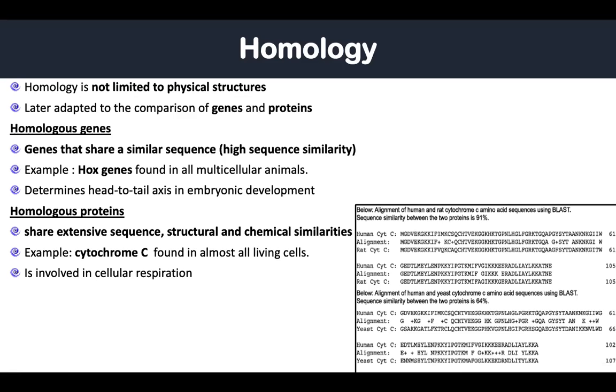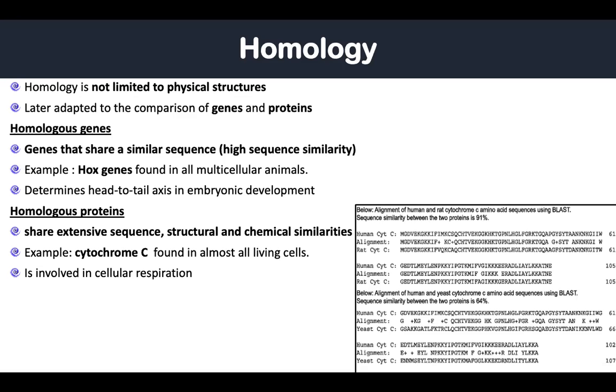So usually when you see proteins with very high sequence similarity, you can be sure or almost sure that the structure of the protein is going to be similar, and then the chemical function of the protein is also going to be similar. Okay, especially if you notice that there is high sequence similarity in the domain, right? The domain is the functional component of a protein.